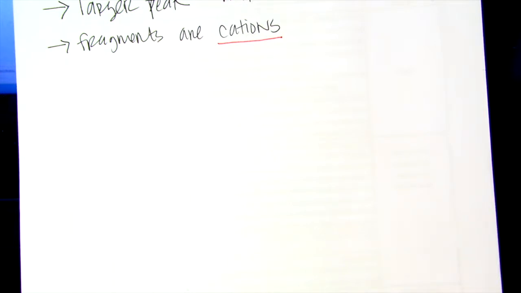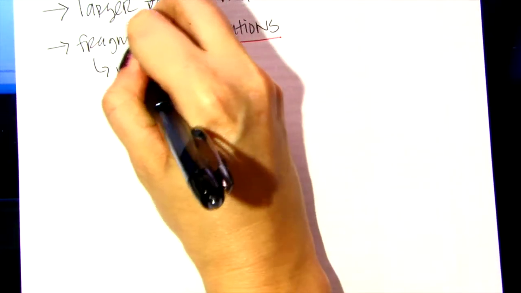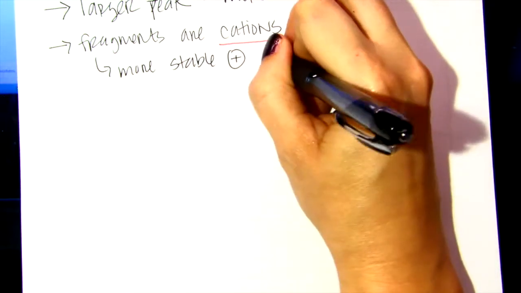So for example, if you can make a tertiary carbocation, or even better, a resonance stabilized carbocation, that's likely to be a more stable fragment and more likely to show up in the mass spectrum. So more stable plus charges are more likely to show up.